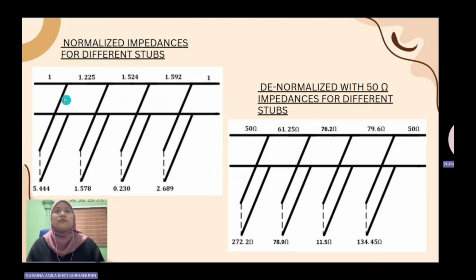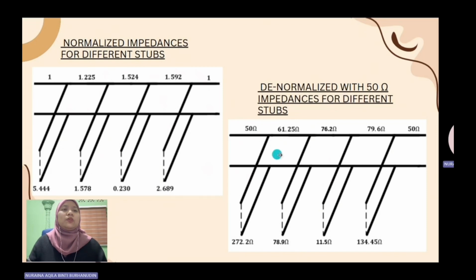And for the normalized impedance, this is the calculation before we put it in the circuit. This is for Z1 and 2, and this is for Z2 and 2. For the denormalized, we have to multiply with 50 ohm to get the result for the denormalized impedance.